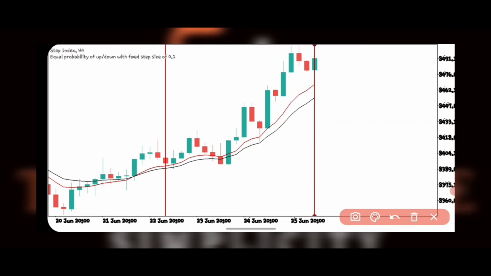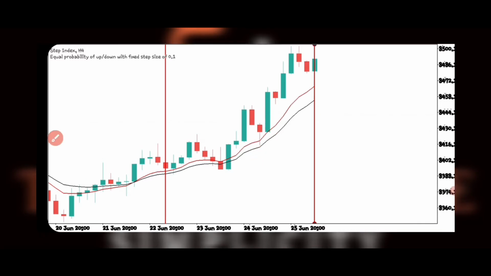If you can see, we have the break of structure and we have our rejection here, but I'm not going to draw all of that. So first I want to focus on price rejecting off from the 2 moving averages.